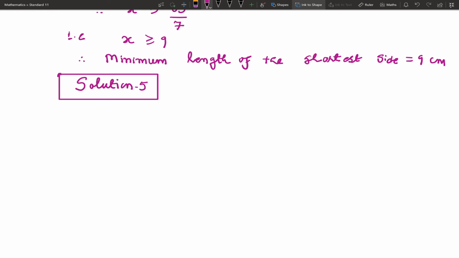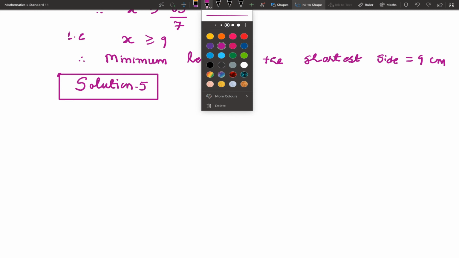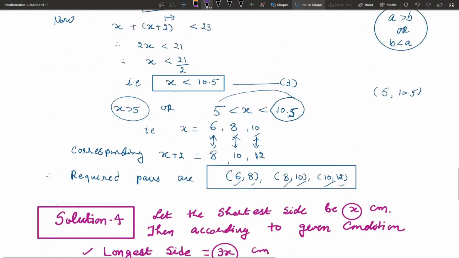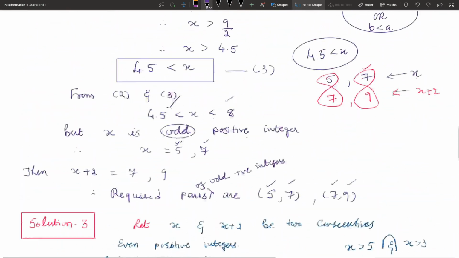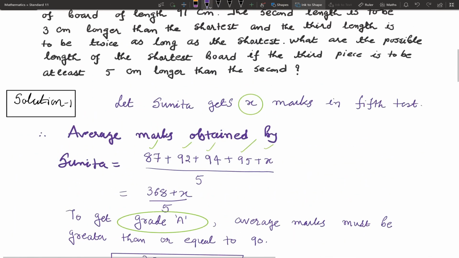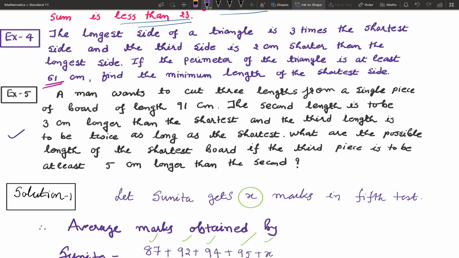The question is: a man wants to cut 3 lengths from a single piece of board of length 91 centimeters.